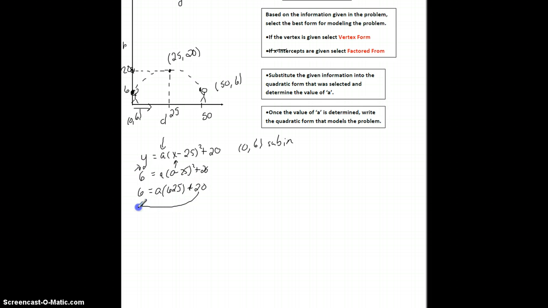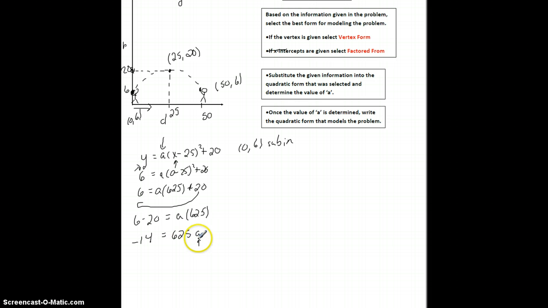Now to solve, we bring the 20 over to the other side. 6 subtract 20 equals a times 625, or you could write 625a, doesn't matter. So negative 14 equals 625 times a. Now find the value of a.